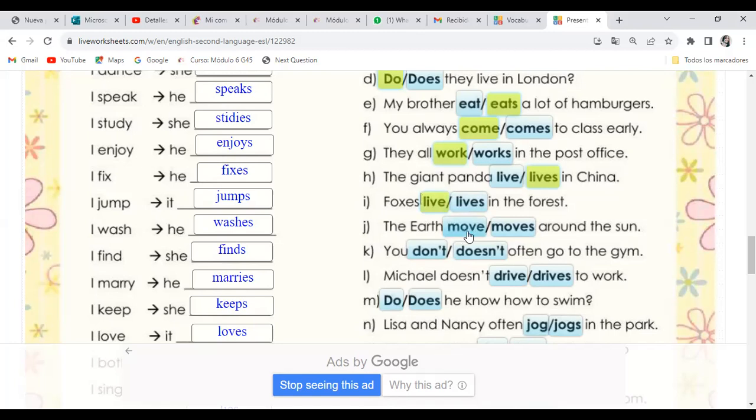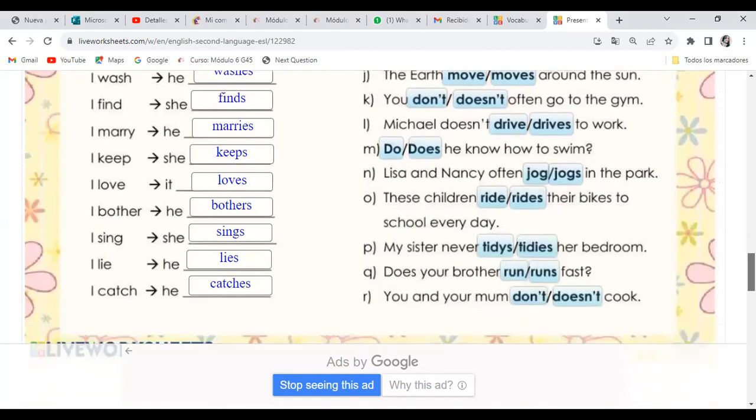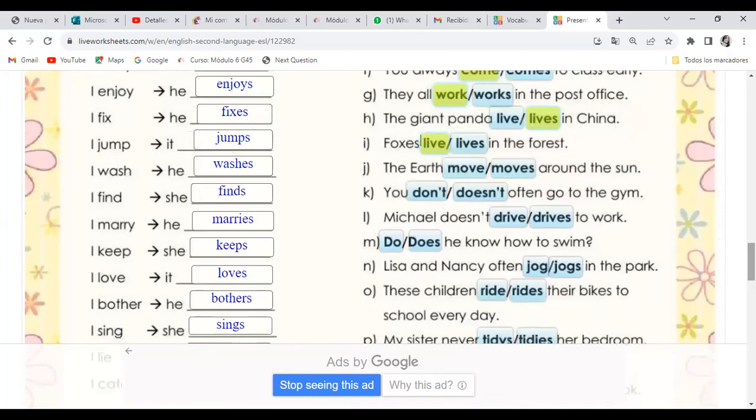Now the earth move or the earth moves around the sun. Aquí estoy hablando de un hecho muy importante que, pues, los hechos siempre son verdad, chicos. Estamos hablando de la Tierra. La Tierra gira alrededor del Sol. ¿Sí? ¿Se acuerdan la teoría de Nicolás Copérnico? He says, the earth move or moves around the sun.